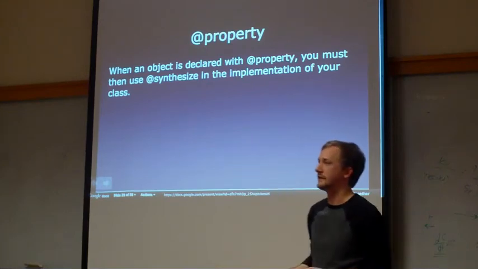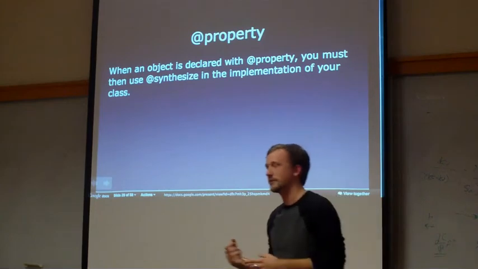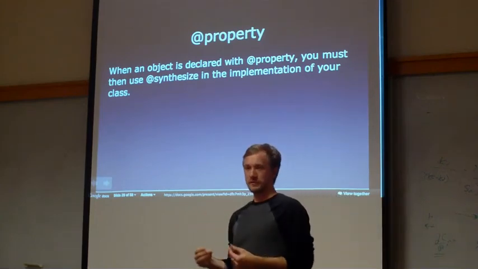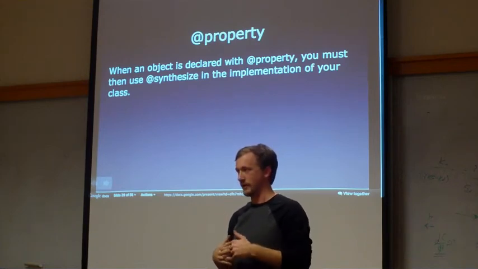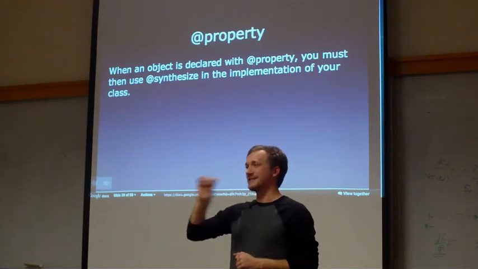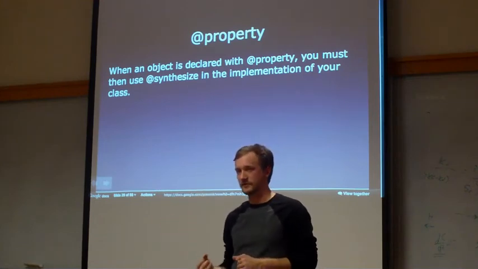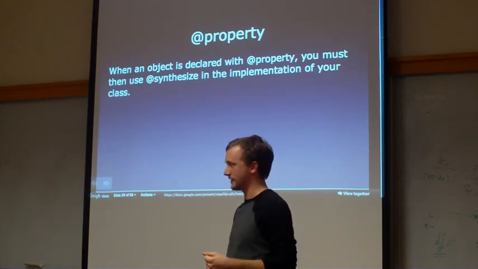In Objective-C, you used to have to define your accessors. Now, they make you do this weird middle step, this @synthesize. So basically, you're declaring your variable with your @property, and then in your implementation file, you are synthesizing it, which basically tells the compiler, make a getter and setter for this variable. Kind of silly, but it's necessary.